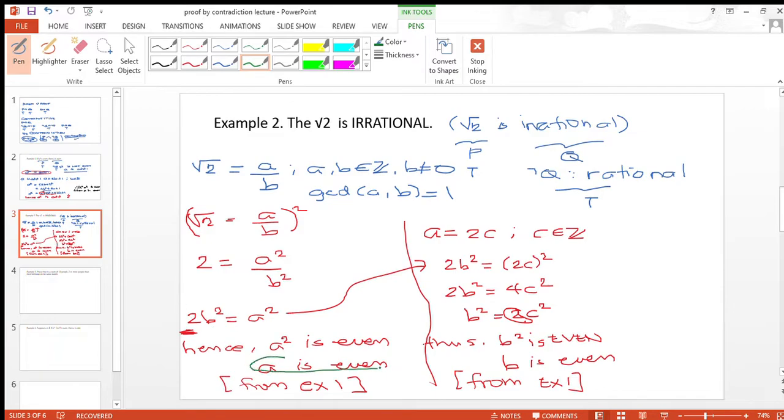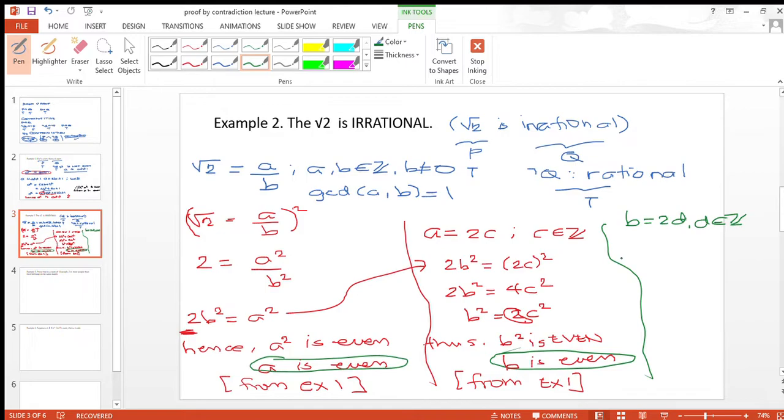A is even, b is even. Therefore, if b is even, we can rewrite b as b equals 2d, where d is again an integer. Why?